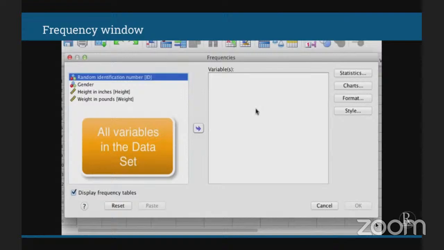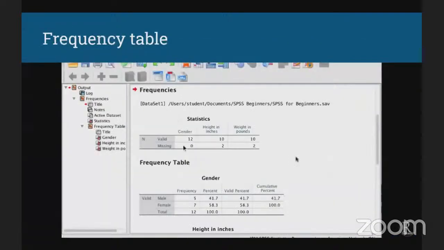On the gender side, we have 12 valid values and no missing values. On the height, you can remember when I had 12 data, there were 2 missing. So the valid ones are 10, and the missing are 2, and the weight is exactly the same. In the table, the percent column represents the sample size of the data, and the valid is the actual data that have a score and an actual value.